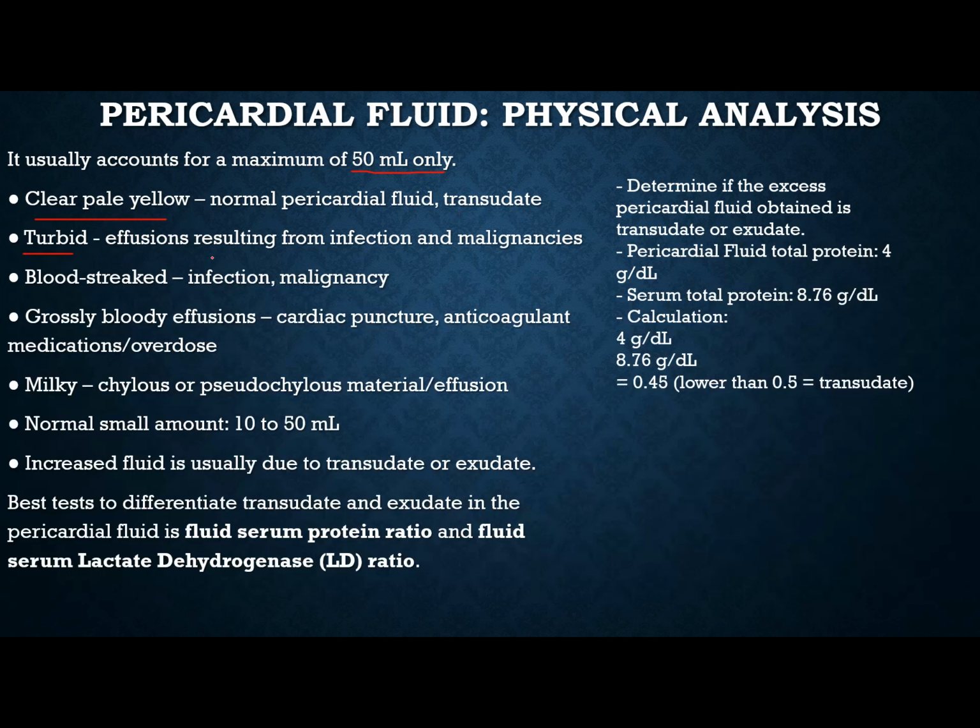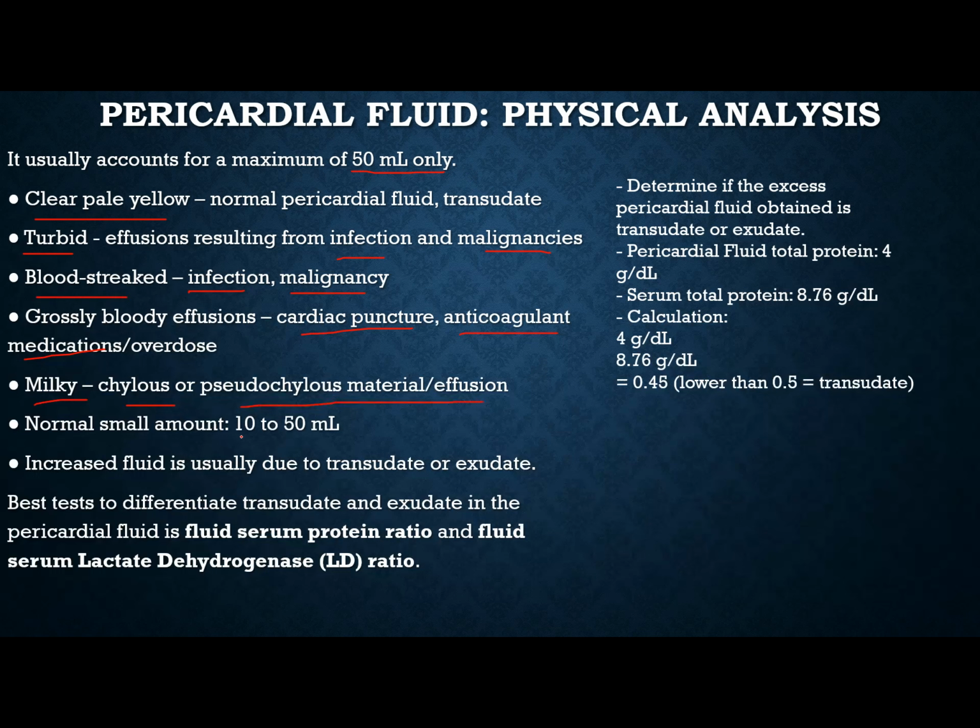If it's turbid class, this is an effusion resulting from infection and malignancy. If it's blood streak, it could also be seen in malignancy and infection. If it's grossly bloody, it could be a cardiac puncture, anticoagulant medication, or overdose. If it's milky, chylous, or pseudochylous effusion.